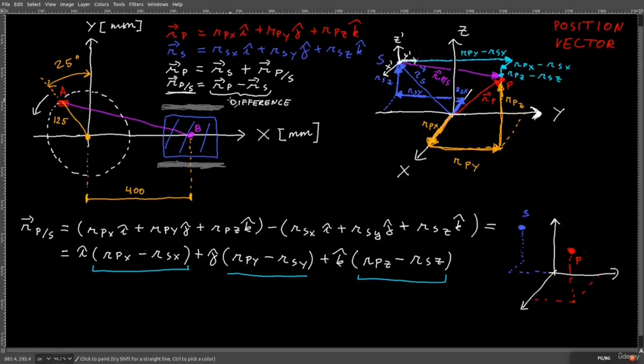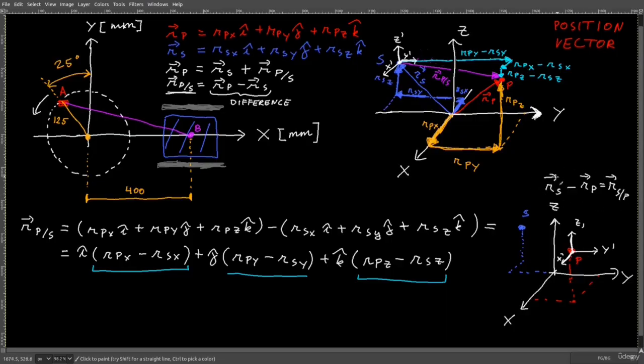Note that if instead of r_p minus r_s, I had the r_s vector minus the r_p vector, so I would have r_s with respect to p, then my new coordinate frame would have been shifted here. Its origin would be the point P, but again, x', y', and z' would be in the x, y, and z direction.